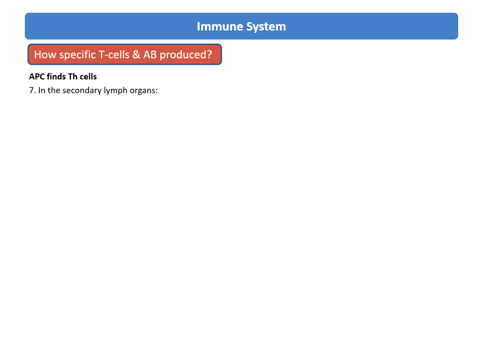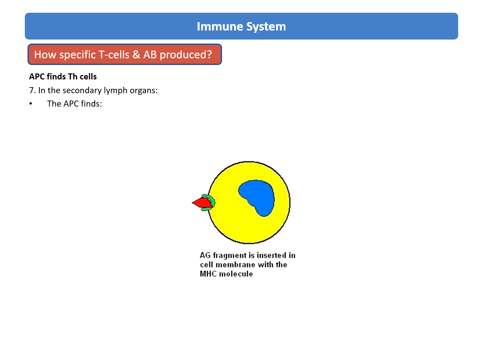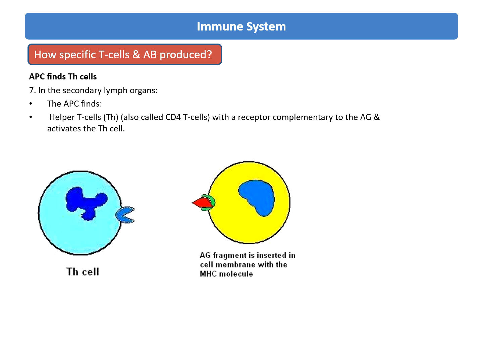In the secondary lymph organs, the antigen-presenting cell finds helper T cells, which have a receptor complementary to the antigen and activates the helper T cell. These helper T cells are also called CD4 T cells. So imagine what's going on. The antigen-presenting cell wandered into the secondary lymph organ and searched until it found the right helper T cell.